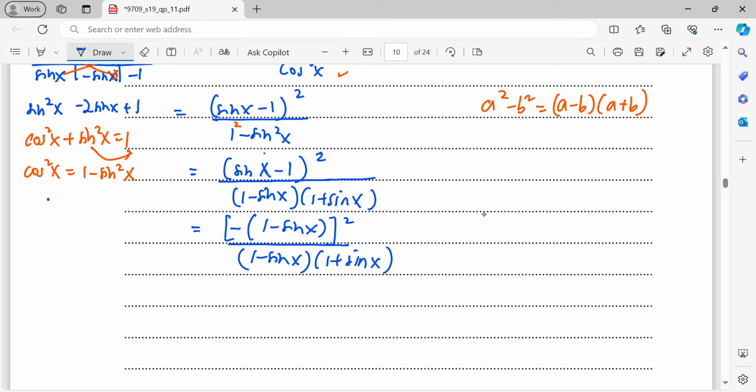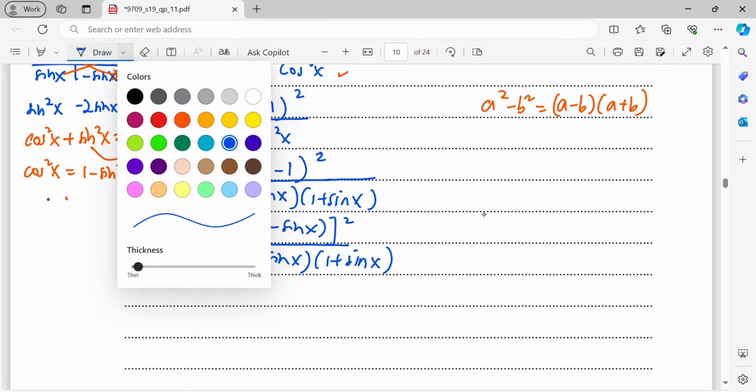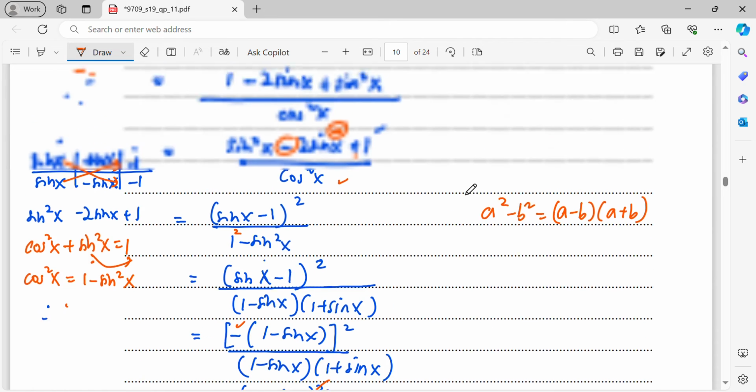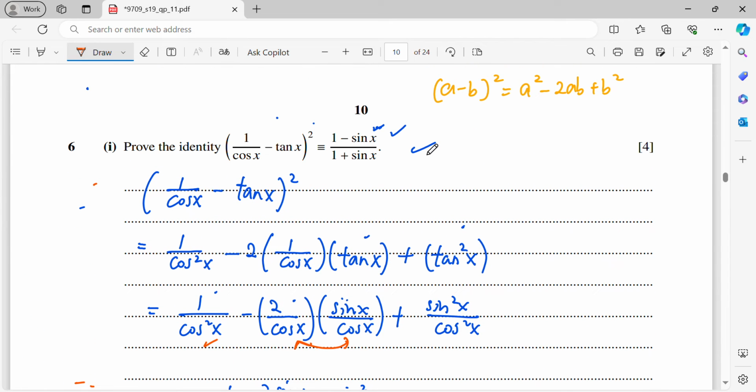When you consider the square of minus, that will be positive. So here basically I'm getting (1 minus sine x) squared over (1 minus sine x) times (1 plus sine x). Now here this 1 minus sine x cancels off. Therefore I'm getting the right hand side.